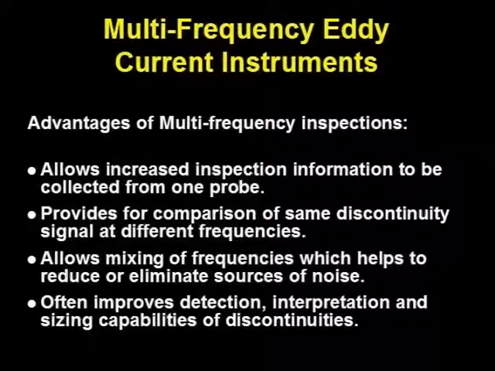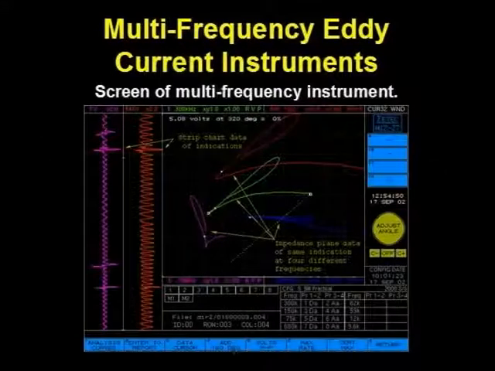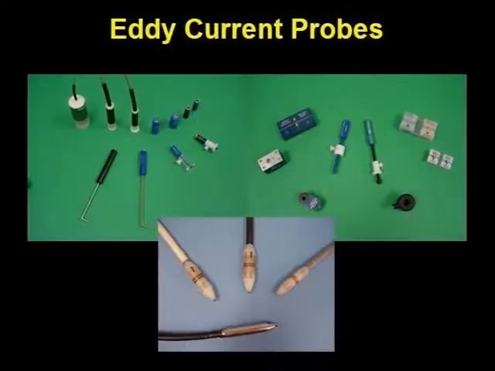The multi-frequency instruments collect more information, permit comparison of the same discontinuity with different frequencies, allow mixing of signals to reduce noise, and improve many capabilities. This slide illustrates one method of displaying the multi-frequency information. The impedance plane displays the different frequency responses in different colors. The strip charts display the time variation of one component of specific frequencies.